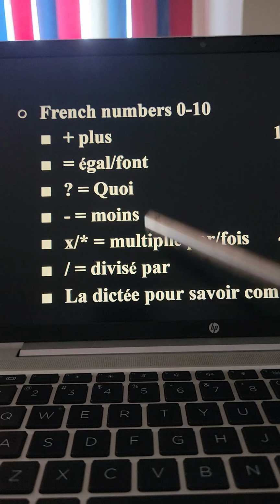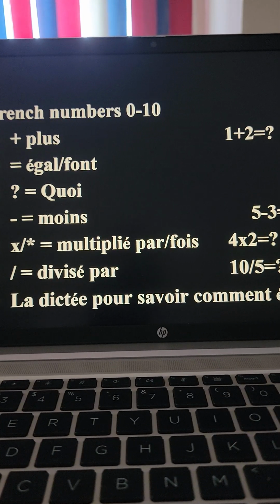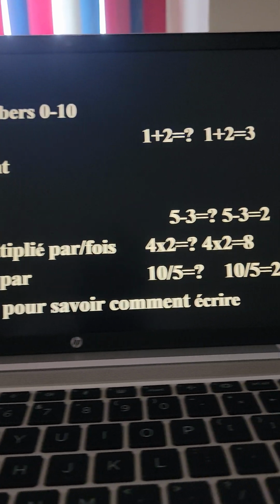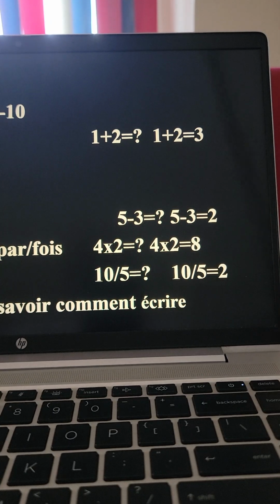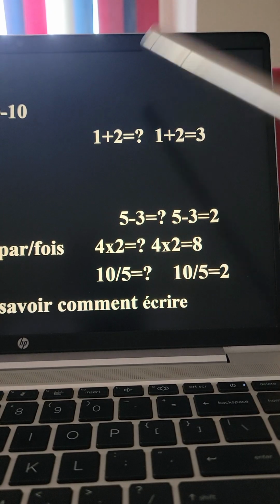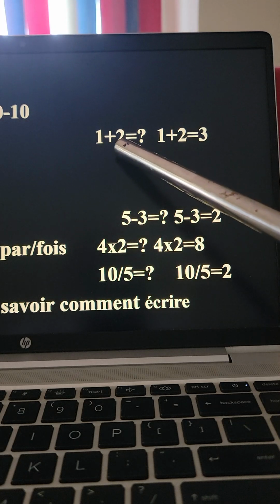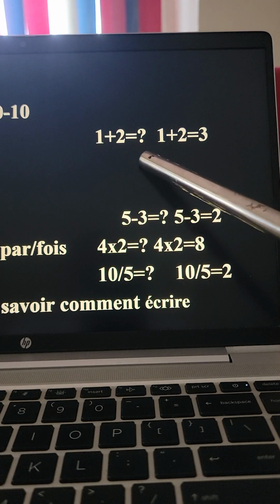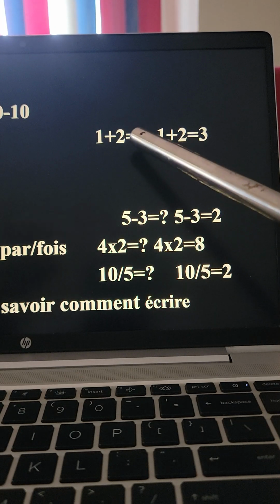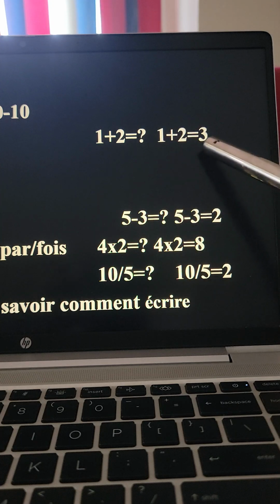So what I want you guys to do is use those and do something like this. You ask your partner or the person you're working with, 1 plus 2 égale quoi? Then the other person will have to repeat and then give the answer.